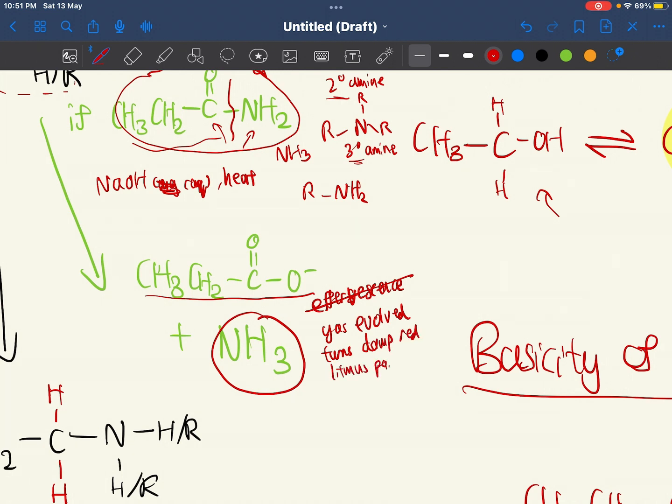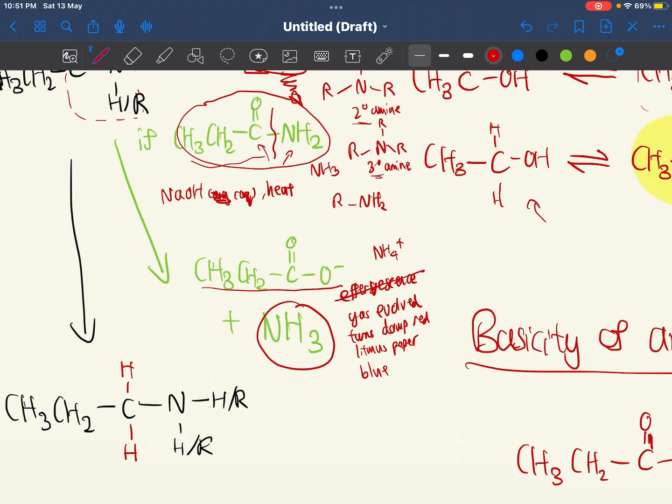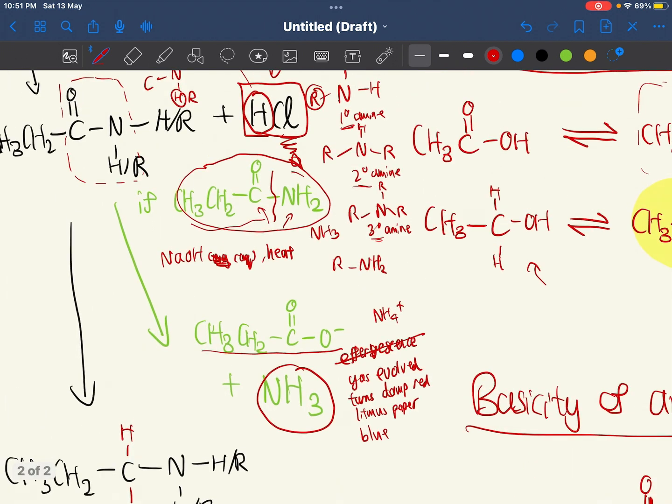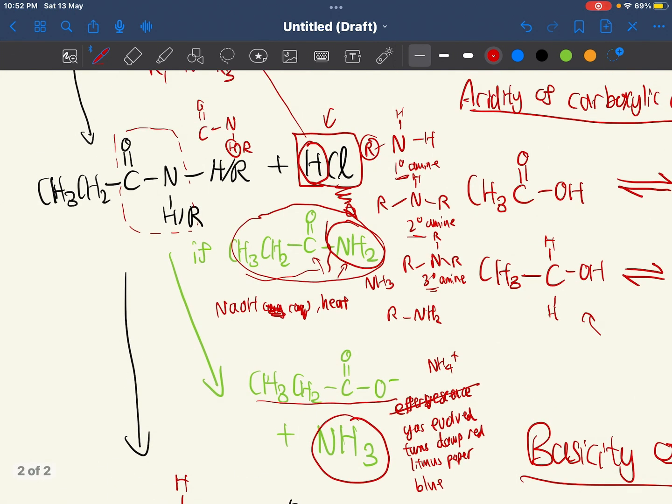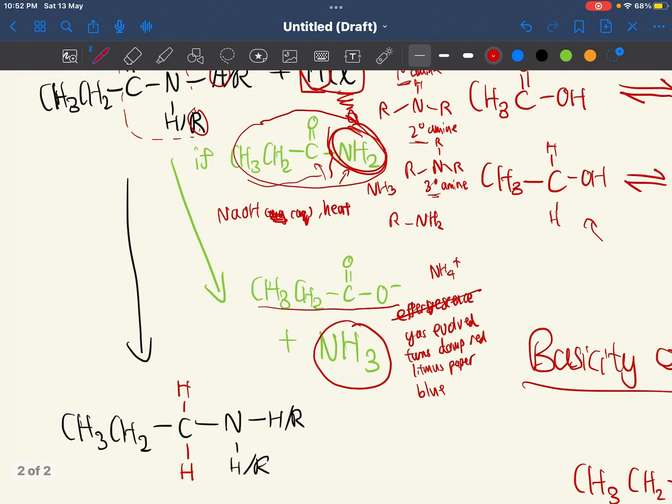So this is your standard inorganic test for ions. You can use this as a distinguishing test only when you have this part here. They won't really ask you, for example, if I have an R group and then I have H here, to distinguish from an amine. But when it comes to this, yes, there's a possibility they'll ask you.